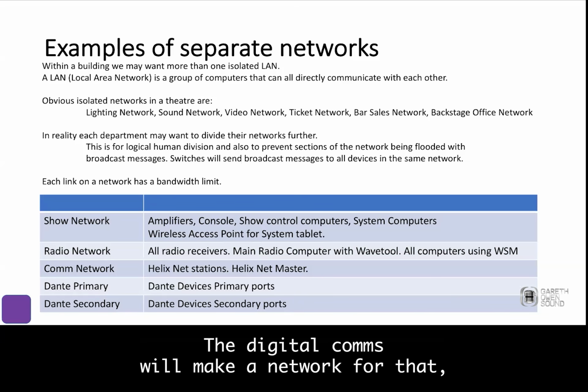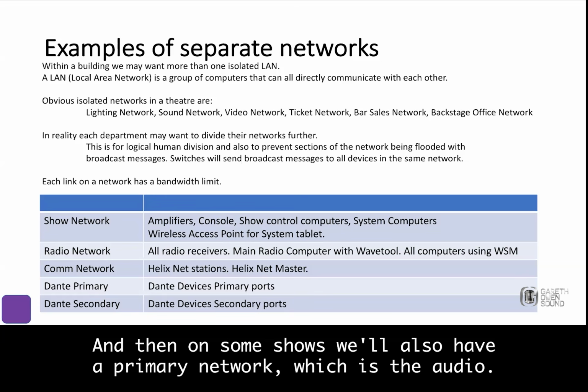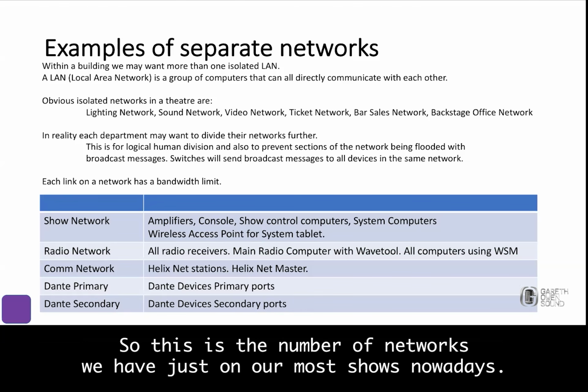On some of our shows with digital comms, we'll make a network for that, so it'll have all the Helix net on it, or Riedel, or whatever we're doing. Then on some shows, we'll also have a Dante primary network, which is audio. Dante needs two networks, primary and secondary. So this is the number of networks we have on most shows nowadays.